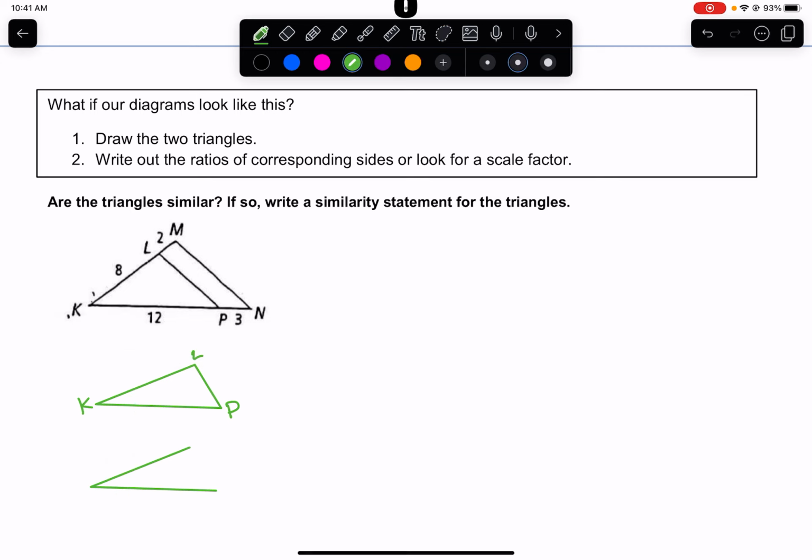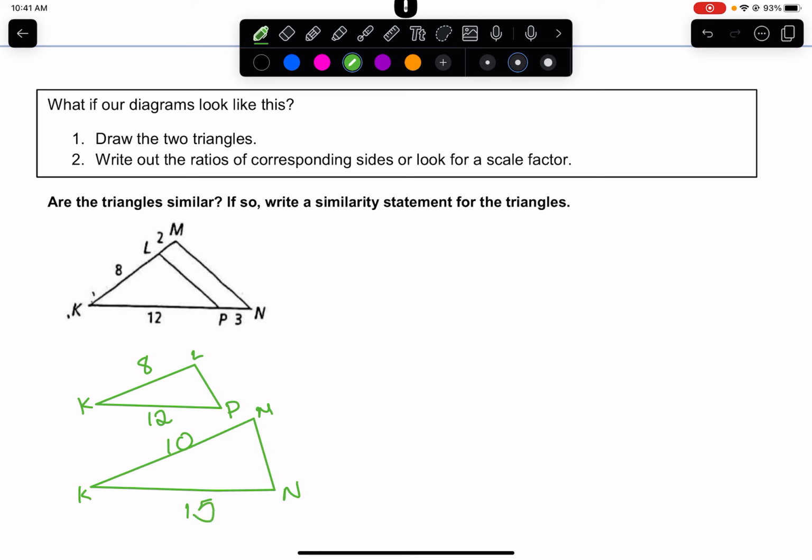And then we're going to have KMN. Oh, wonky, but same thing. So for KLP, we have 8 and 12. For KM, we have 10 and 15.